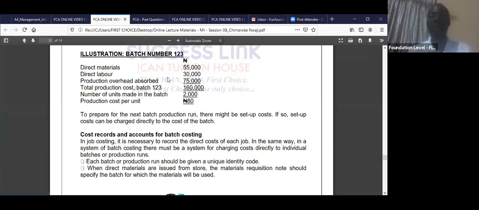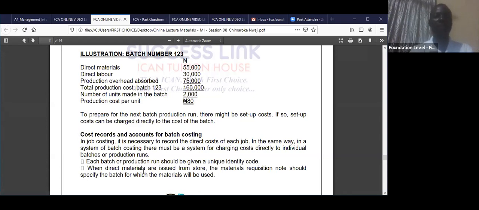A job would be job number 1, 2, 3. That's for job costing. A batch could be batch number 1, 2, 3. So there must be a unique code for the batch. How will you differentiate a code for a job and a code for a batch? If I use the word batch 1, 2, 3 or job 1, 2, 3, that shows you are linking them to a job or to a batch.